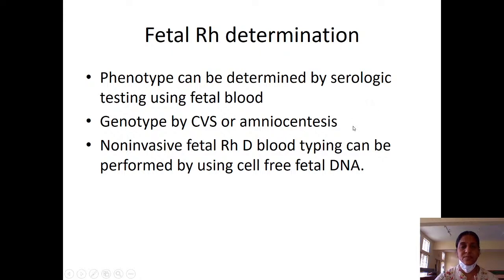But now non-invasive fetal Rh typing can be performed using cell-free fetal DNA, and analyzing it determines the Rh typing of the baby. There is no need for invasive tests like CVS and amniocentesis because these procedures have certain risks.